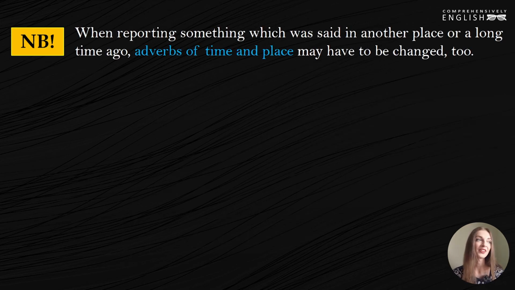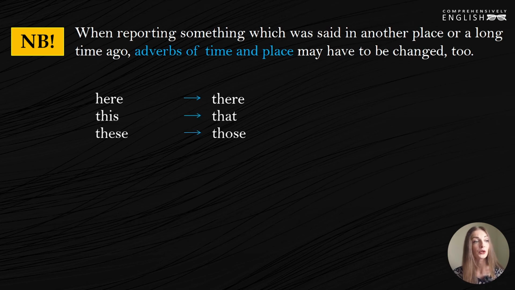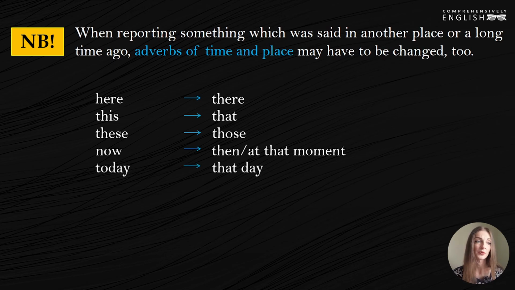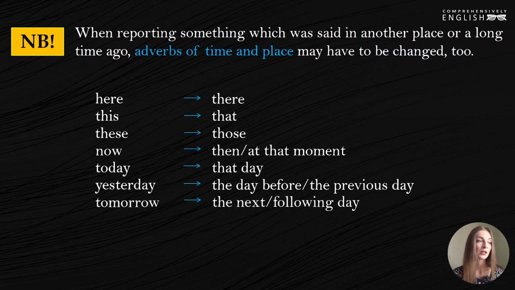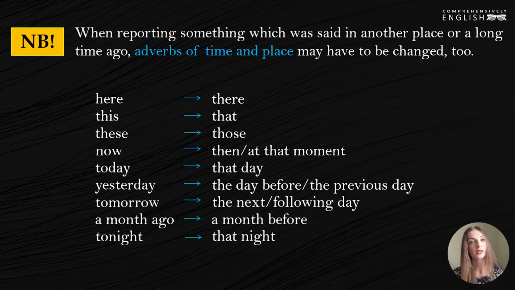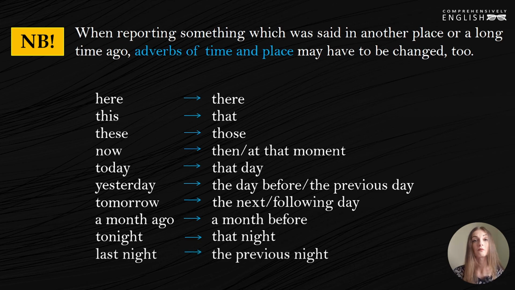Also, please remember that when reporting something which was said in another place or a long time ago, adverbs of time and place may have to be changed too. Here becomes there, this becomes that, these becomes those, now becomes then or at that moment, today becomes that day, yesterday becomes the day before or the previous day, tomorrow becomes the next or the following day, a month ago becomes a month before, tonight becomes that night, and last night becomes the previous night.